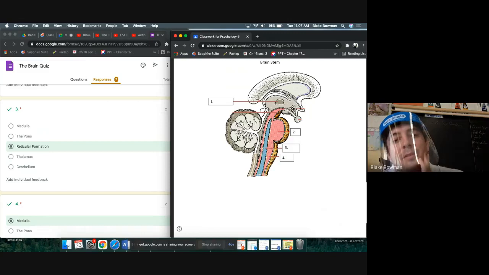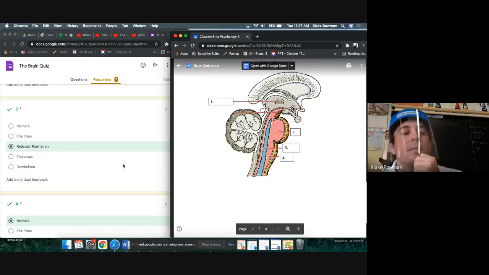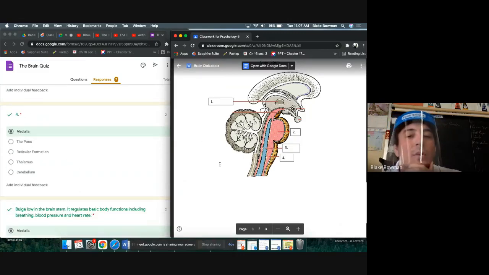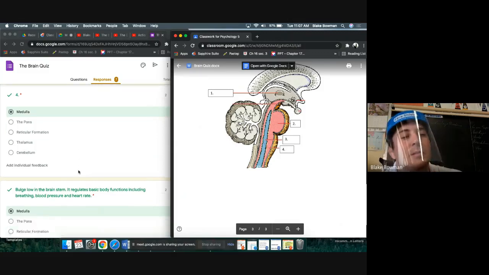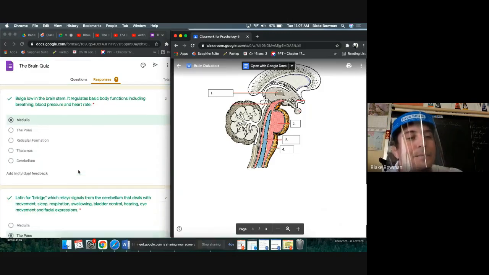Pencil-like fibers right behind the pons in the brainstem, connecting the spinal cord up into the brainstem. Four, medulla, involuntary movements. A lot of these parts within the brainstem involve involuntary movements: respiratory system, heart rate, blood pressure, you got it.